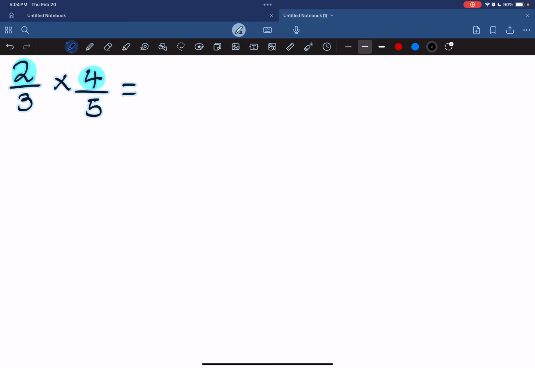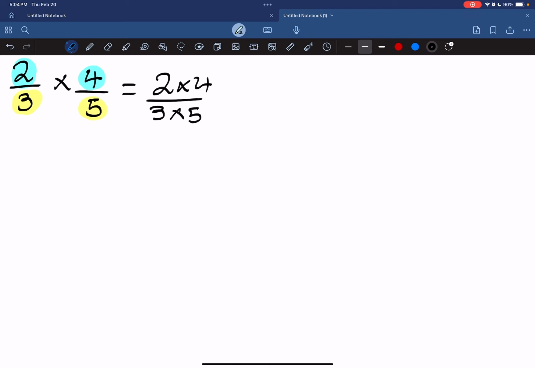That's going to represent what's in the numerator. And for the denominator, we'll be multiplying whatever we have down here, and that's going to be 3 times 5.